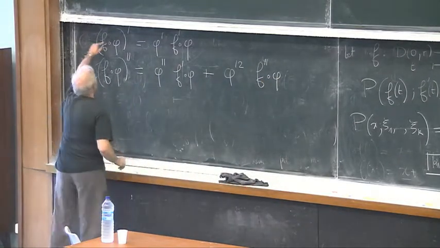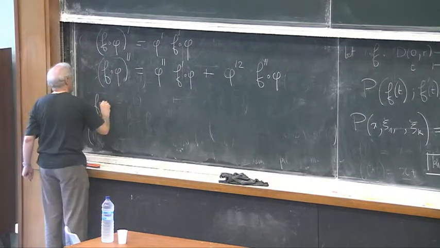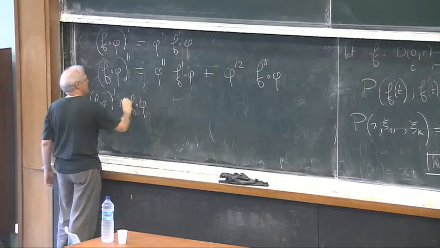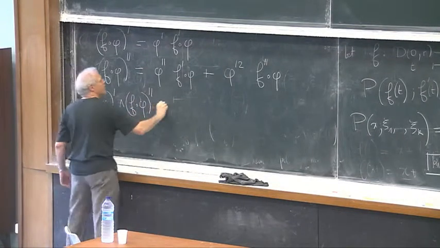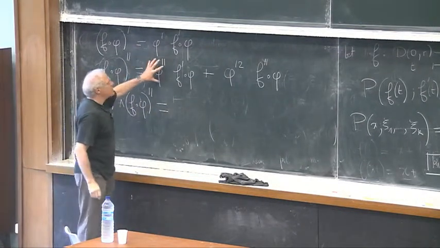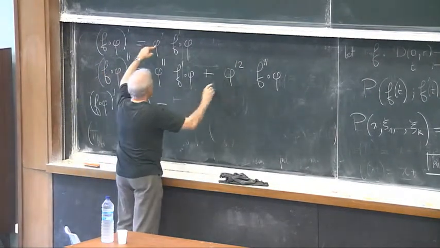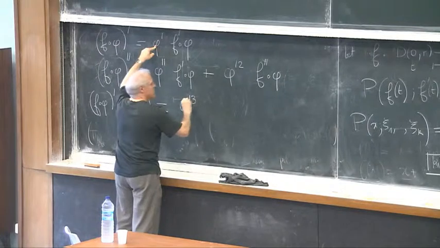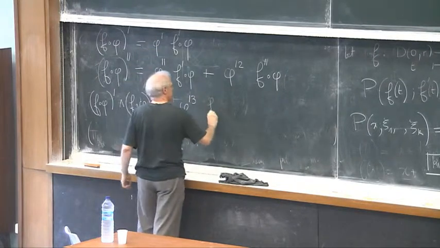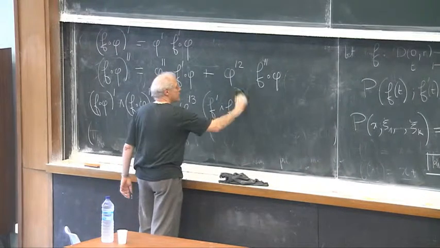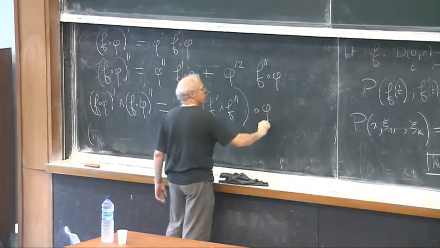But now if you take the wedge product, then this second derivative cancels, and then you get phi prime to the cube times the Wronskian that you had, of course taken composed with phi.